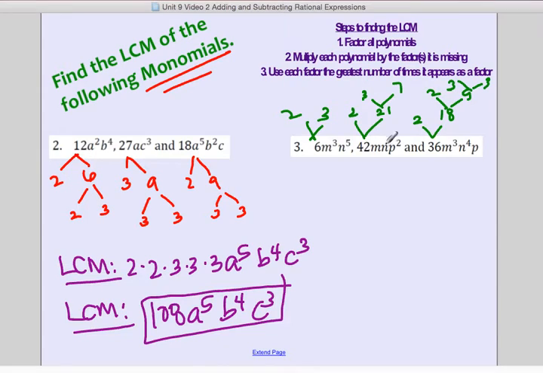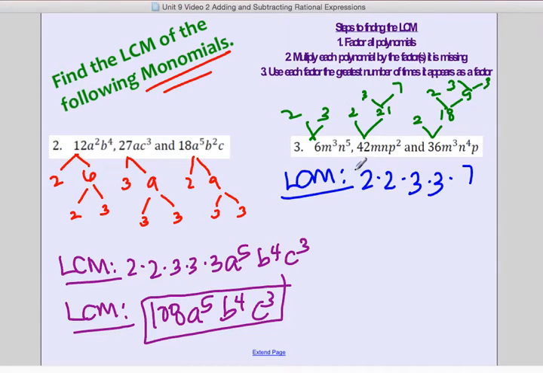So for my LCM for this one, there's one 2, one 2, two 2's, so I'm going to write down two 2's. All right, 3. There's one 3 here, one 3 here, two 3's here, so write down two 3's. No 7's, one 7, no 7, so 7.